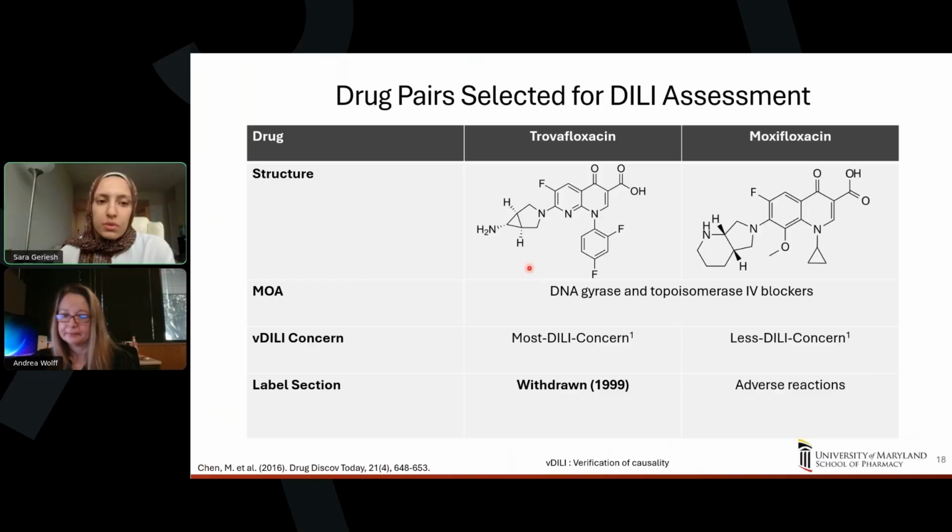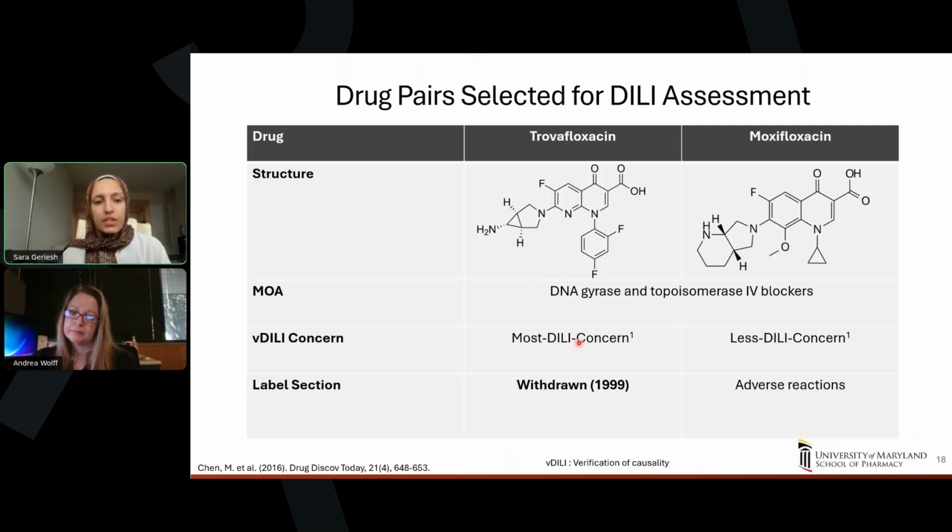So this is a comparison between trovafloxacin and moxifloxacin, showing their structures and the similarities. They are both fluoroquinolone antibiotics, which have the same scaffold, quinolone core, and similar chlorine substitutions, carboxylic acid, and so on. And they just differ in some of the substitutions here, which were shown in some studies to be linked to hepatotoxicity.